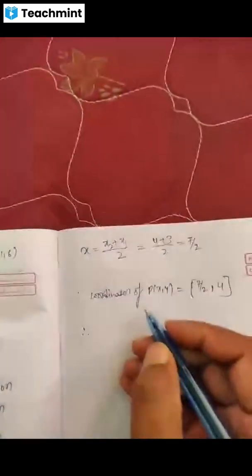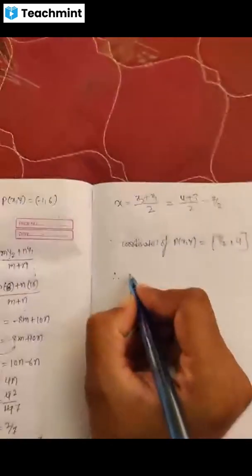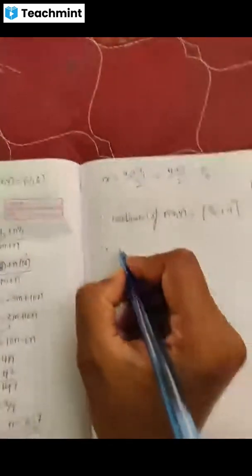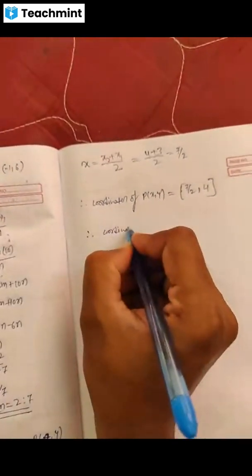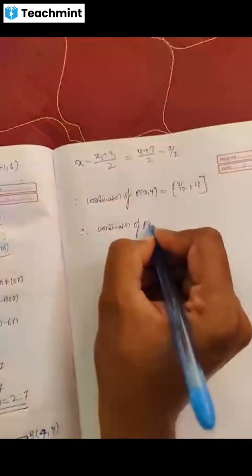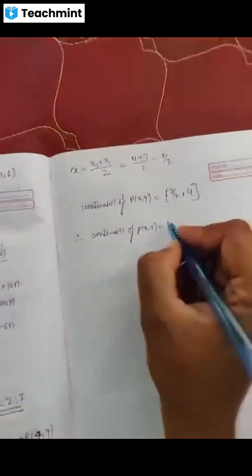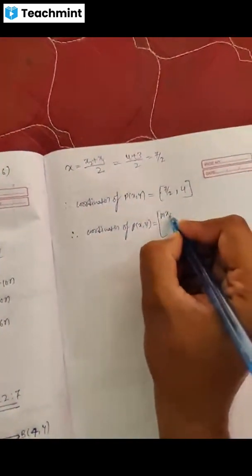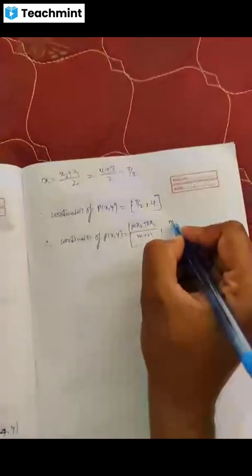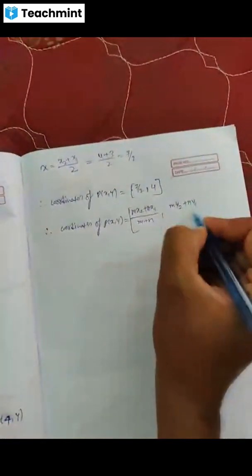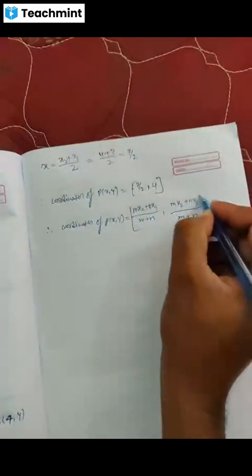Therefore, the coordinates of P(x, y) are given by (mx2 + nx1)/(m + n), (my2 + ny1)/(m + n). For this, first we consider AC.